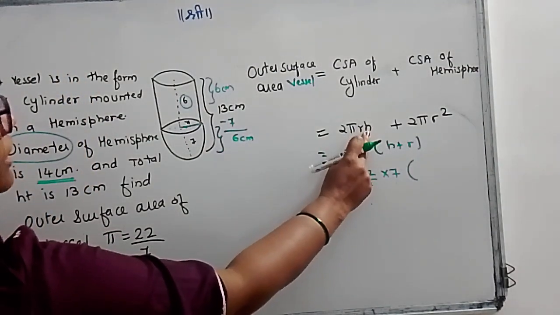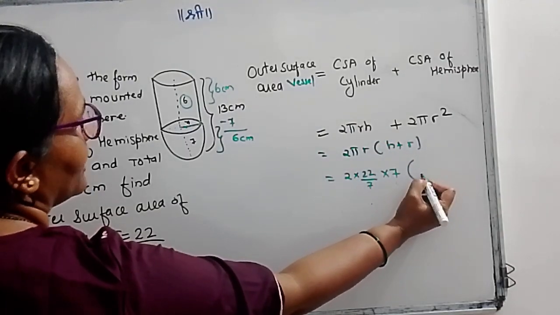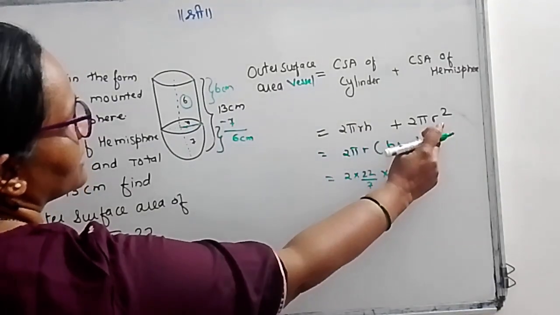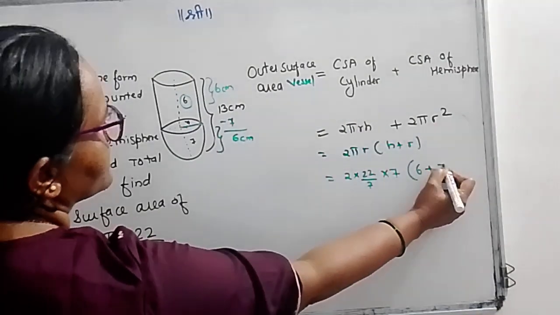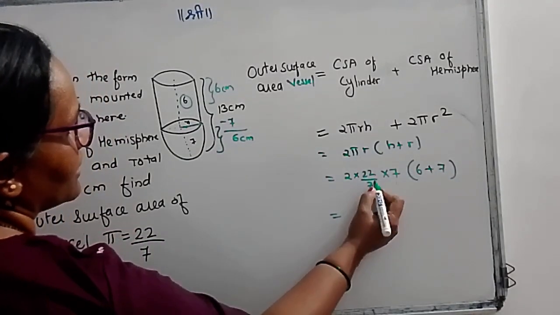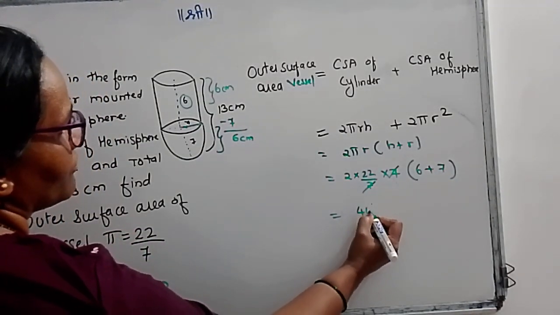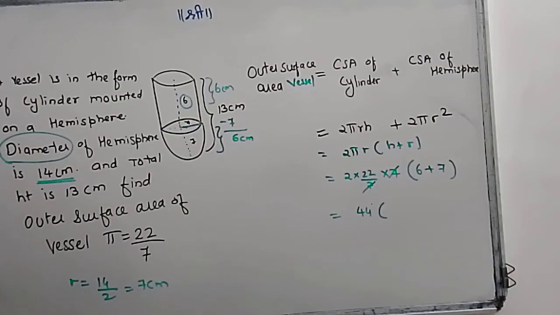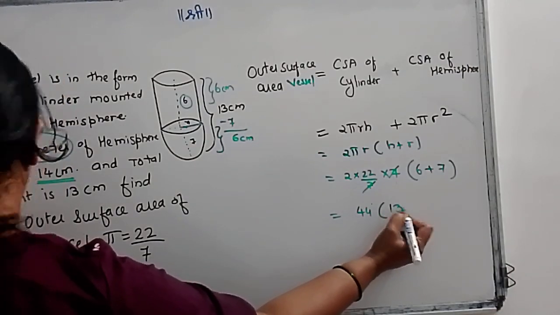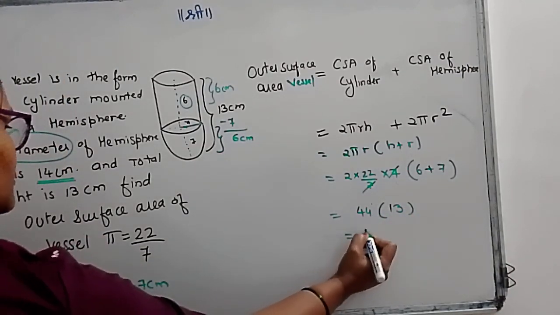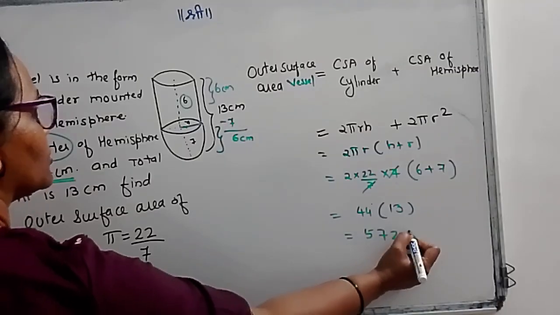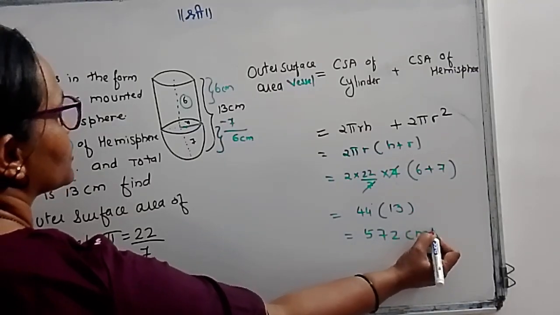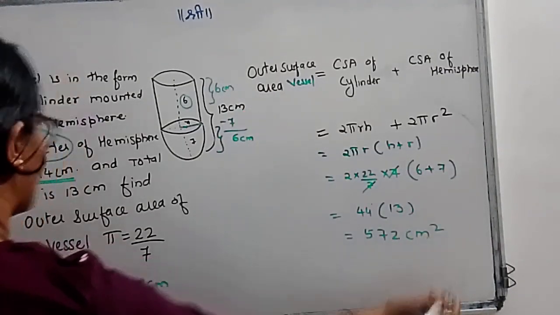So cylinder height is 6 plus this r is radius. Cancel, 44. 6 plus 7 is 13, which is equal to 572 centimeters square. Since it is centimeters, centimeter square.